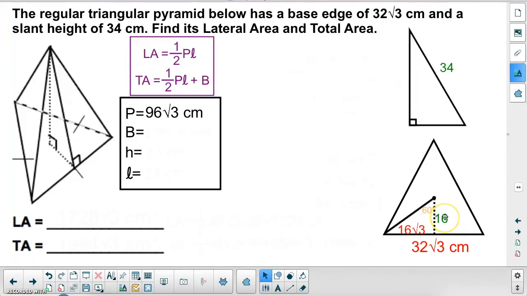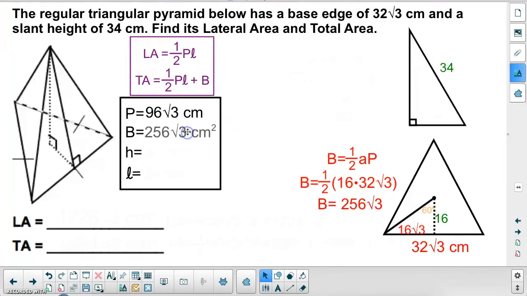Once we know our apothem is 16, we already have the perimeter. We're going to use the formula for big B of 1/2 apothem times perimeter. So big B is 1/2 times 16 times 32√3, which gives us 256√3 square centimeters.